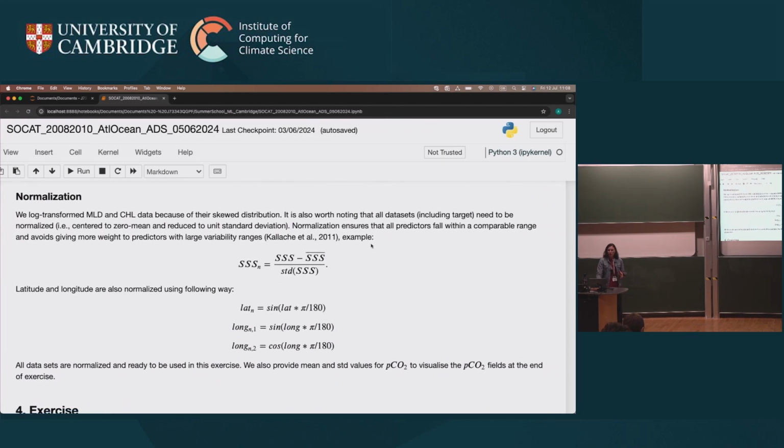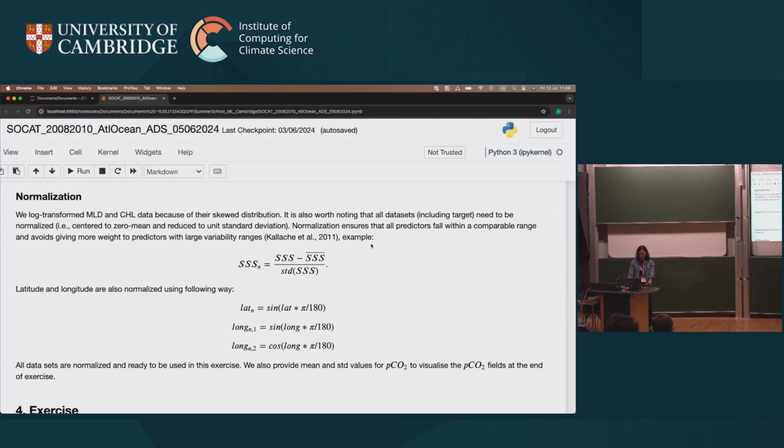Before we go, it's quite important to normalize all our data. For example, chlorophyll and mixed layer depth have a skewed distribution. If you plot it, it will look something like this, with a lot of zeros, so we log transformed it.